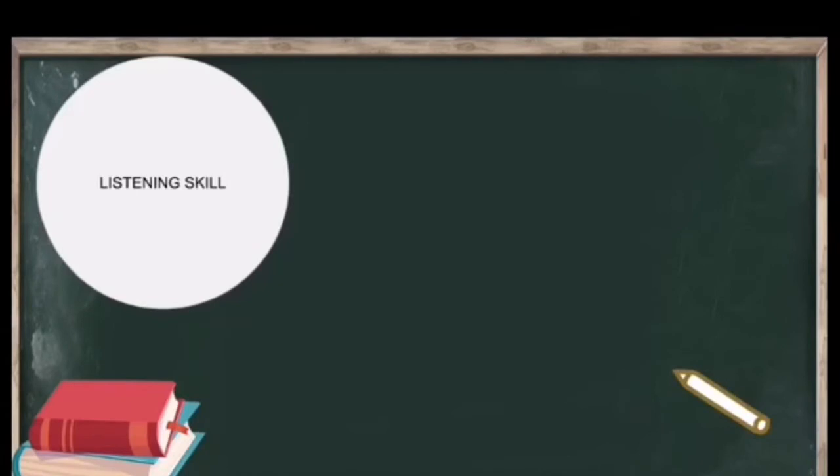Alright, about listening skills. There are two main components of listening assessment in the young learner classroom. The first is the assessment of phonemic awareness, the ability to distinguish between different sounds. The importance of phonemic awareness was discussed in chapter 2.